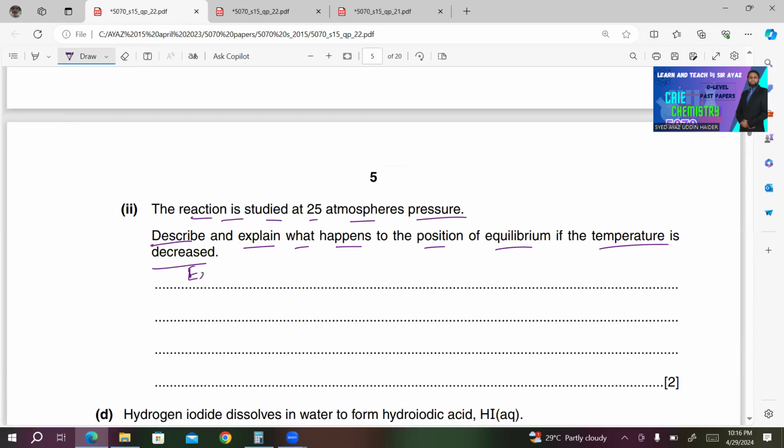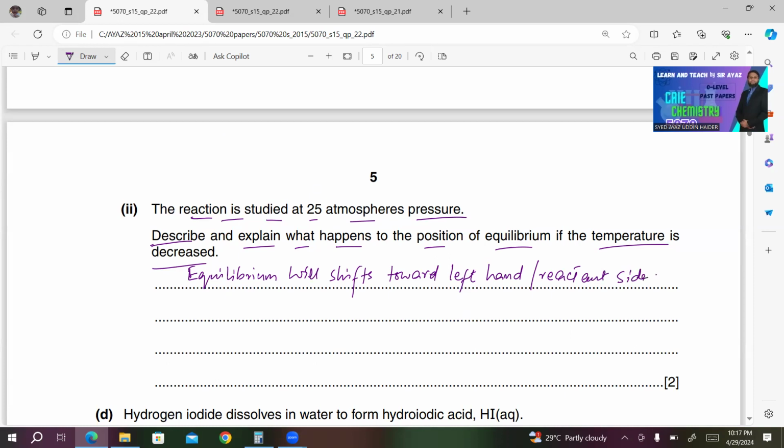Equilibrium will shift toward the left hand side, or reactant side.